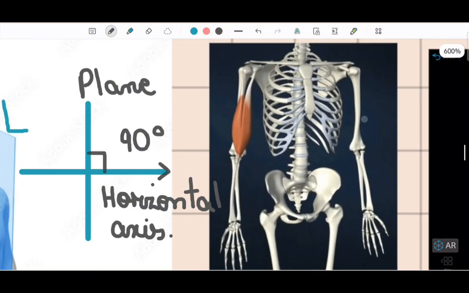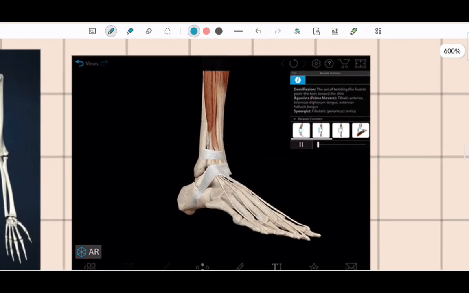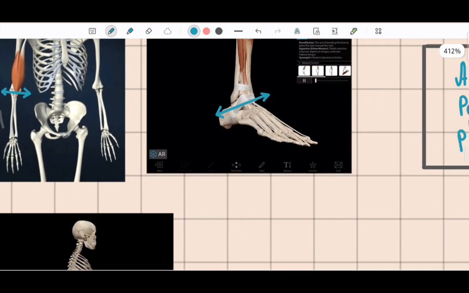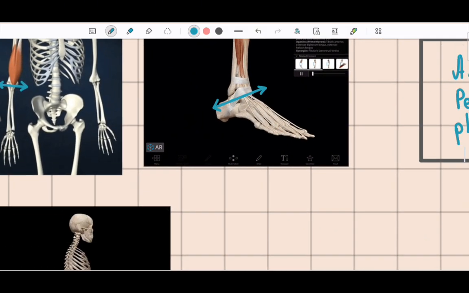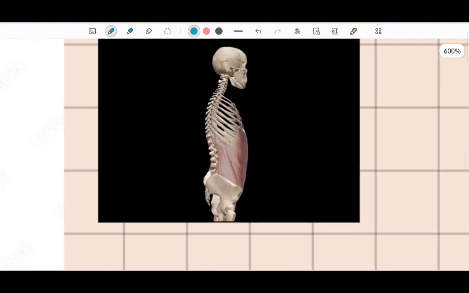Okay, so you can see it here. If we draw, this is your elbow joint and this is your axis, the horizontal axis. Now same here, this is your ankle and this is your horizontal axis. It's basically not 3D, so you would see it's slightly oblique, but it's like putting a pencil near your ankle joint. Now here this is the spine and this is your axis.